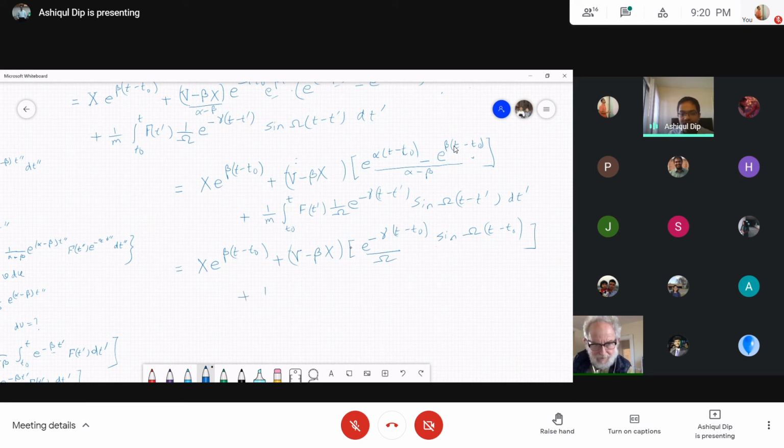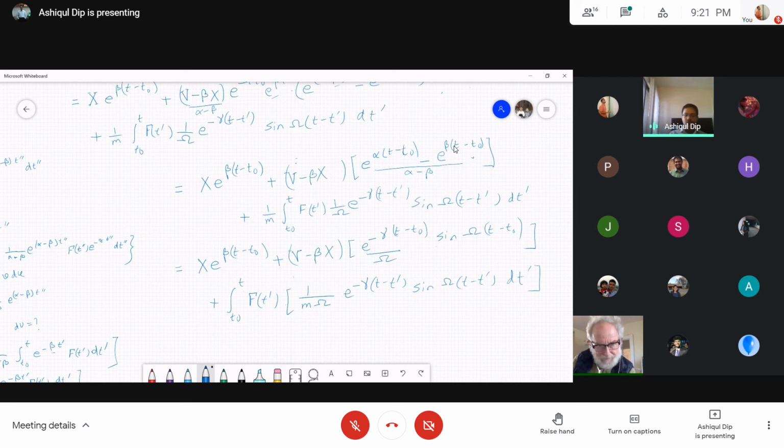Okay, finally we have our result. Yes, this is the final result actually. I want to write it like this: integration from t0 up to t of f of t prime, then 1 over m omega, e to the power negative gamma (t minus t prime), sine omega (t minus t prime) dt prime, right?